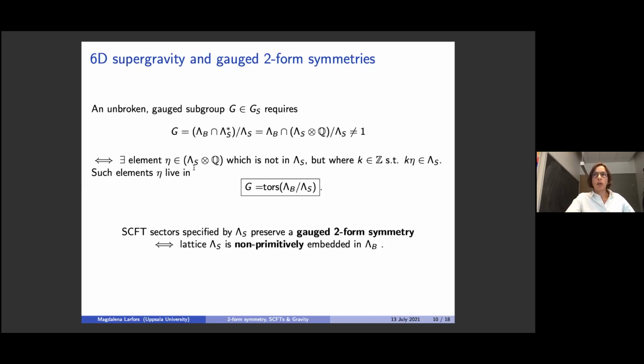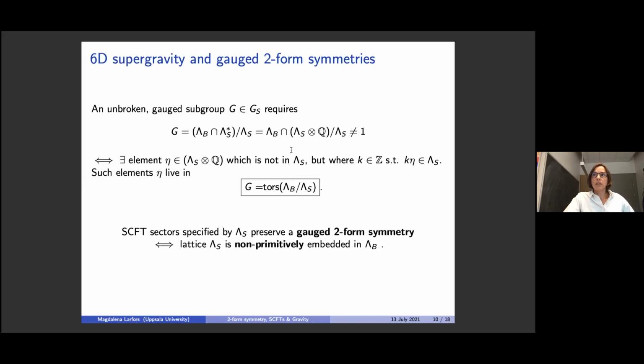Since the dual lattice has the possibility of having fractional lattice components, this is indeed possible. But we also need to check that this remains when we intersect the string lattice with the lattice of the compact base.